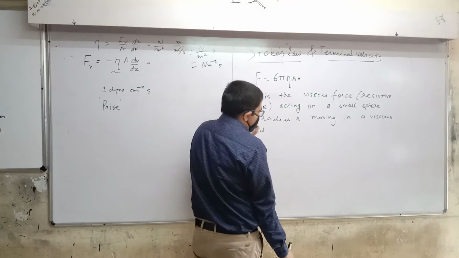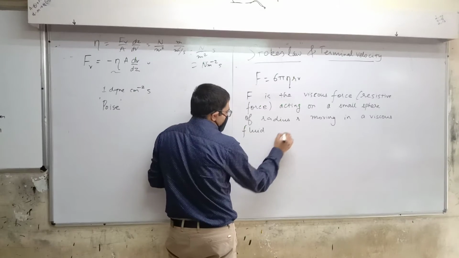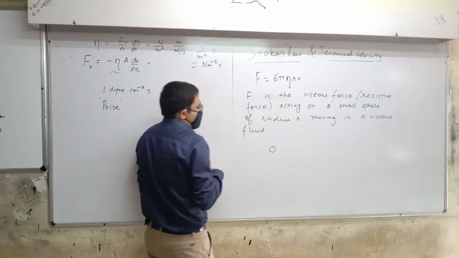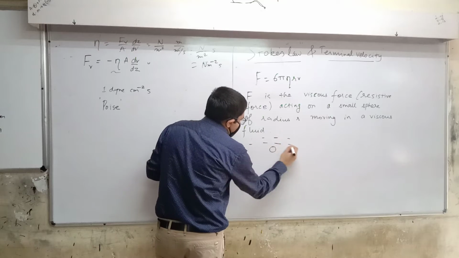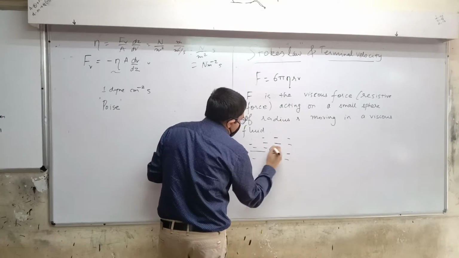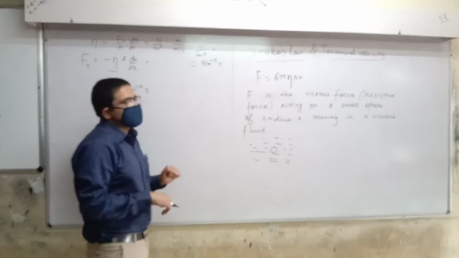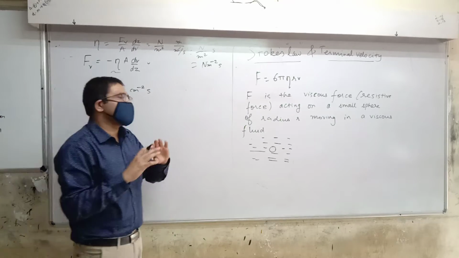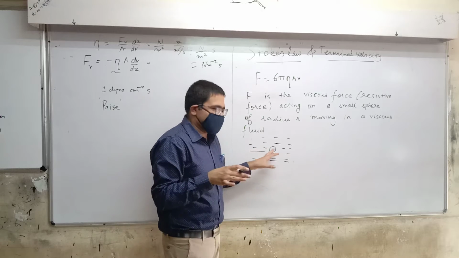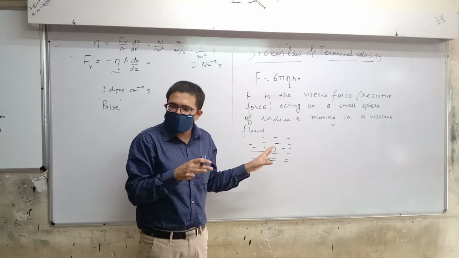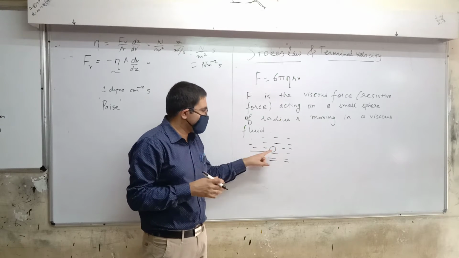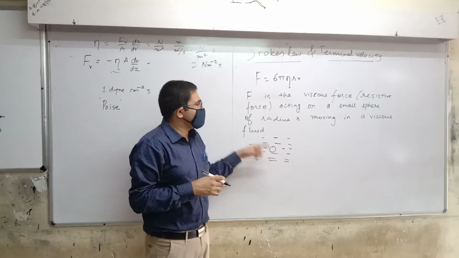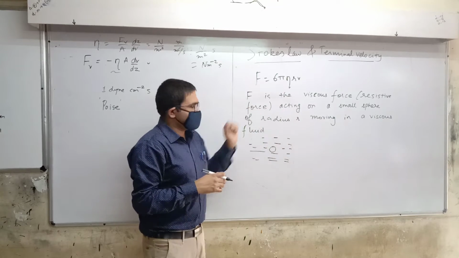What does this mean? Let's draw a diagram to understand what's going on. Let's say this is some fluid and there is a tiny metal sphere. Suppose there is some fluid, water, air, glycerine, anything. Inside this fluid, here is a small sphere of radius r.